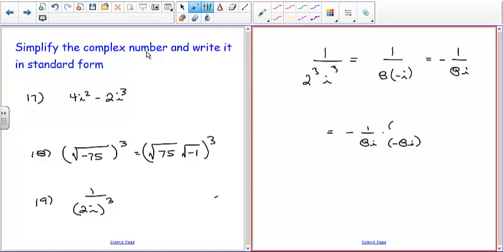We do that in both the numerator and the denominator. So these negatives cancel out, and you're going to end up with 8i in the numerator. And then the denominator, we're going to have 8 times negative 8 times i squared. So you get 8i over, since i squared is negative 1, negative times the negative is a positive, and then you get 8 times 8, which is 64. Then you can divide both those by 8, and you get i over 8.